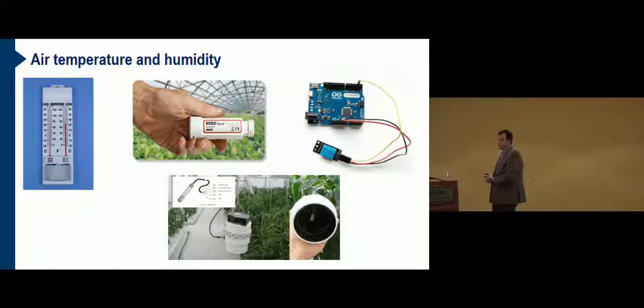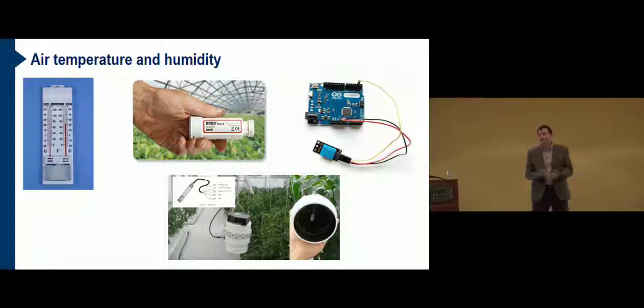You will need to decide what type of application and what type of resolution is required when making these air temperature and humidity measurements. Some of these data loggers have capabilities to measure the air temperature and humidity, for example, in milliseconds. But is that the range you want?